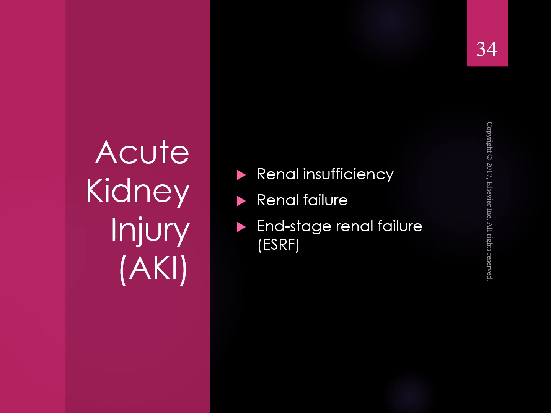Renal insufficiency refers to a decline in renal function to about 25% of normal, or a GFR of 25 to 30 mLs per minute. Serum creatinine and BUN are mildly elevated. Renal failure refers to a significant loss of renal function. When less than 10% of renal function remains, that is termed end-stage kidney disease.